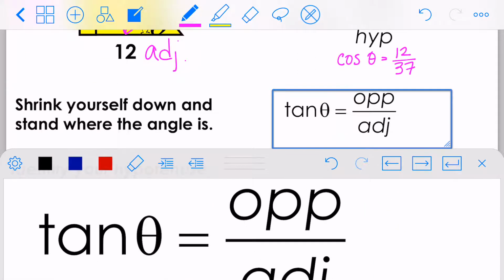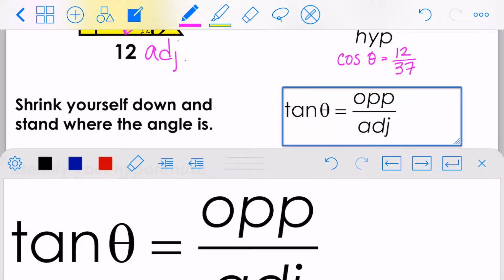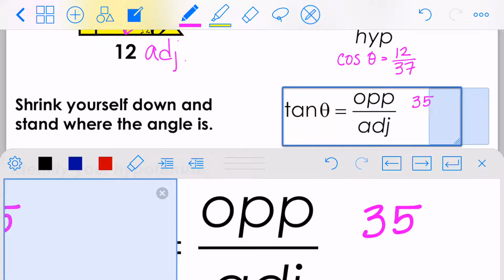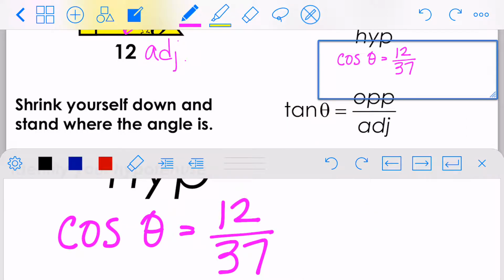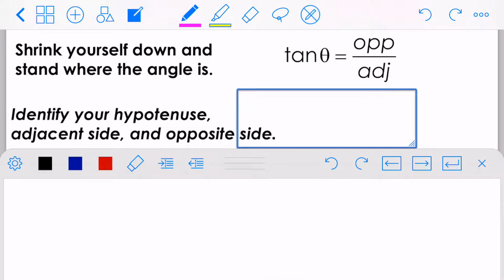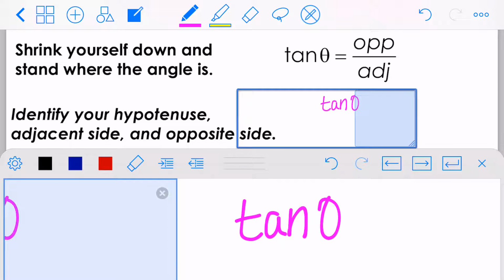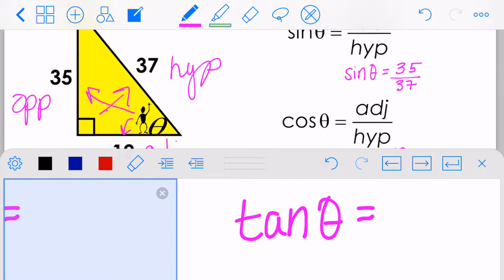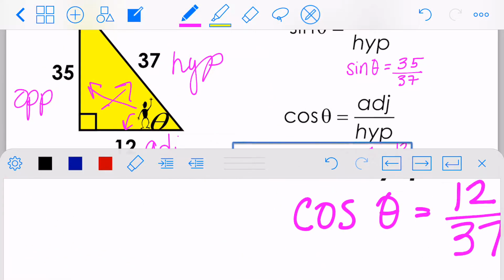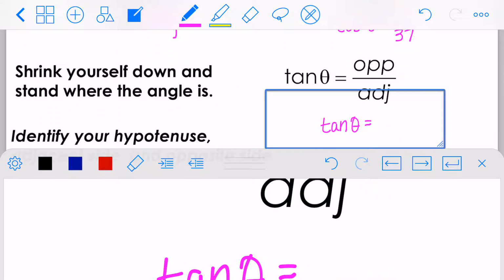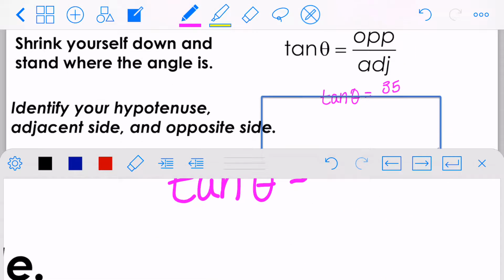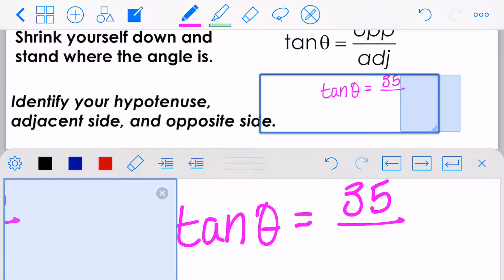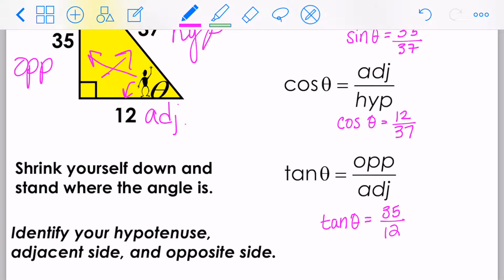So far, so good. Tangent is going to be the opposite, which we said was 35. So tangent of theta is equal to 35 over our adjacent, which is 12. And there we have it. Next.